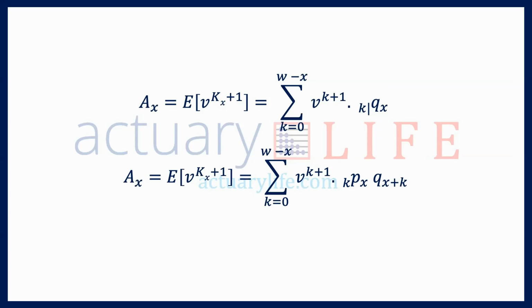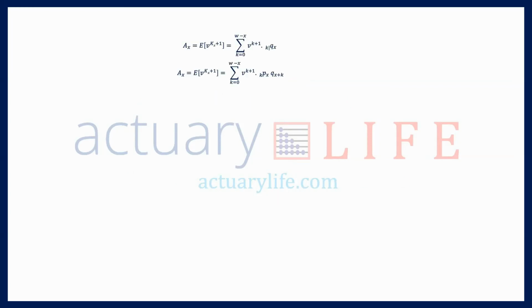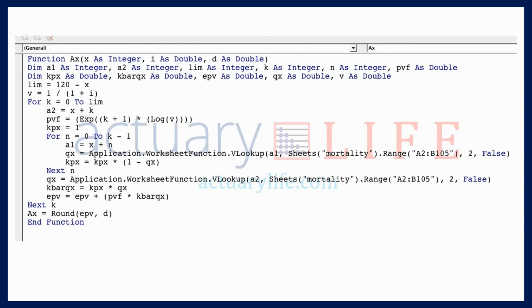Then you can see here, this is a possible function, the VBA code that we have for the EPV of whole life assurance. And then we are going to put this in the VB editor and see how it works. So I have this code copied in one of the sheets, and let's have a look at it.